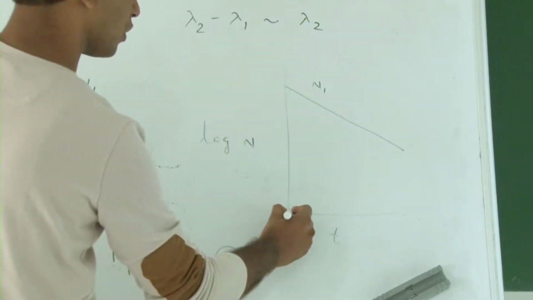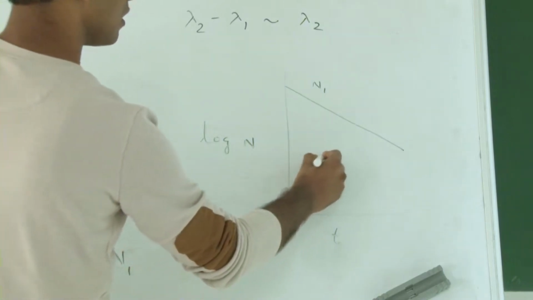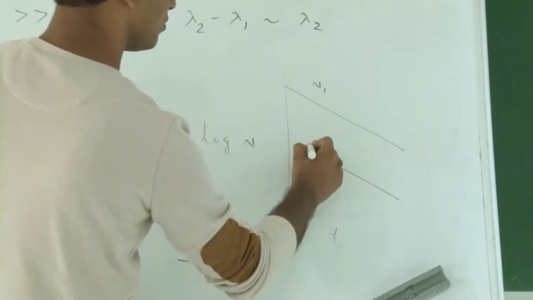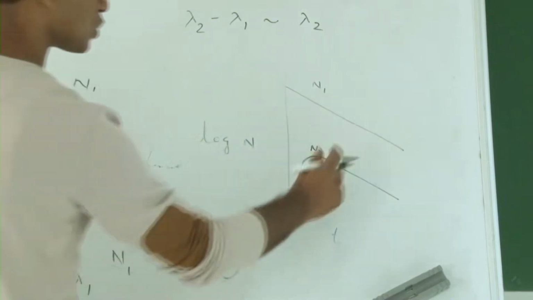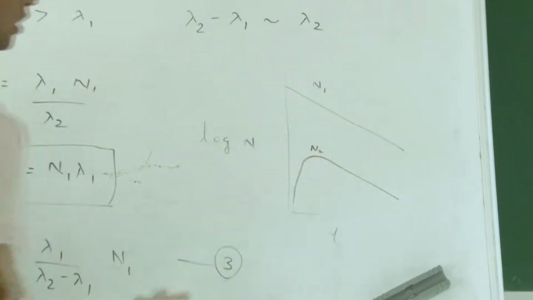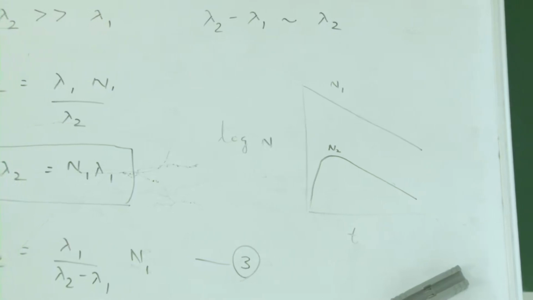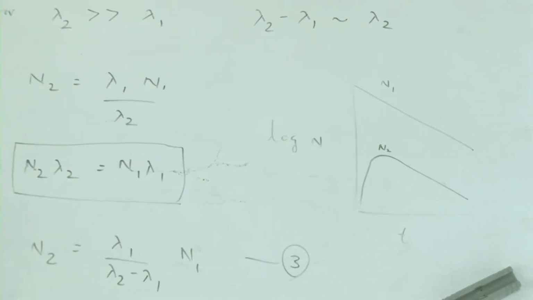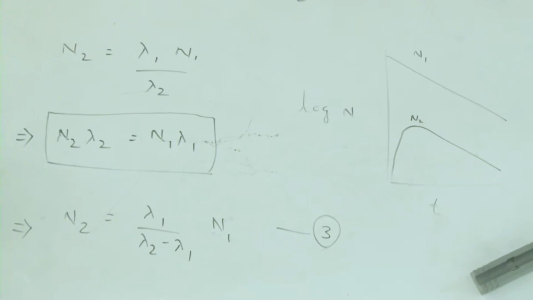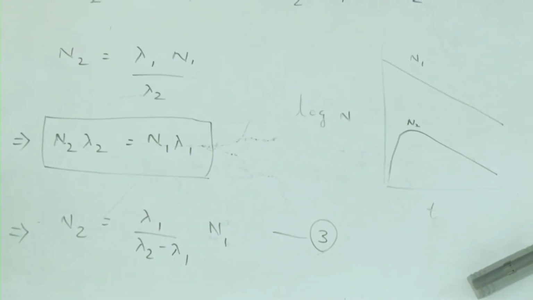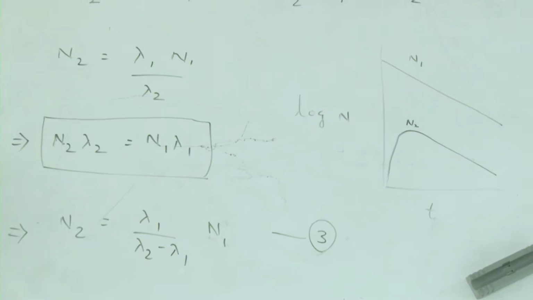In case of N2, we saw that N2 will reach a maximum and then continue decaying. So, in this zone the activity for N1 and N2 will be the same, and that is what is secular equilibrium. It has a huge application when it comes to 230 thorium, 210 lead or these decay chains and their application for sedimentation rate and flux calculation. We will discuss that later. Thank you.